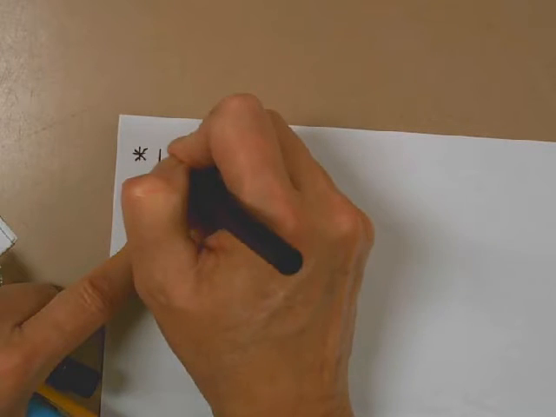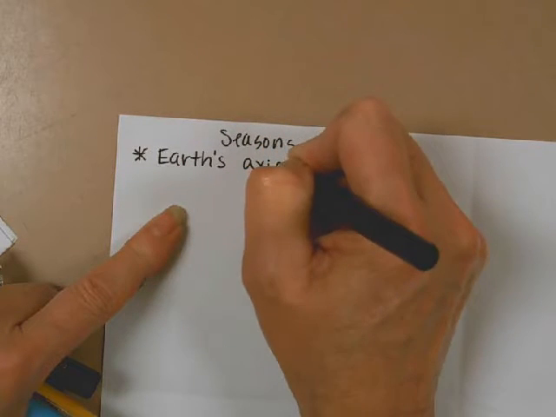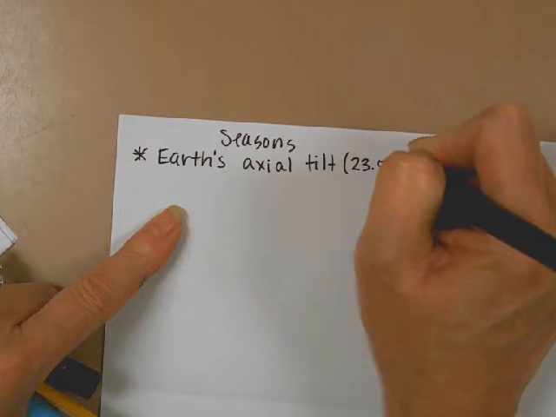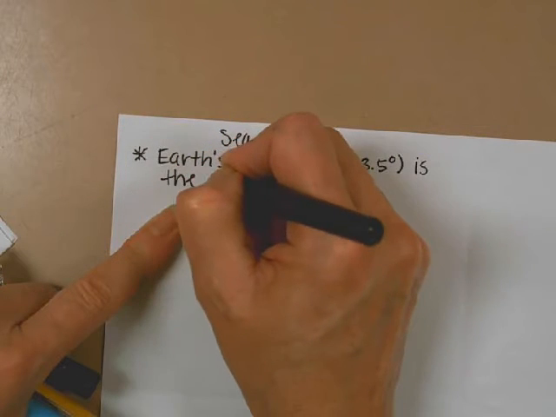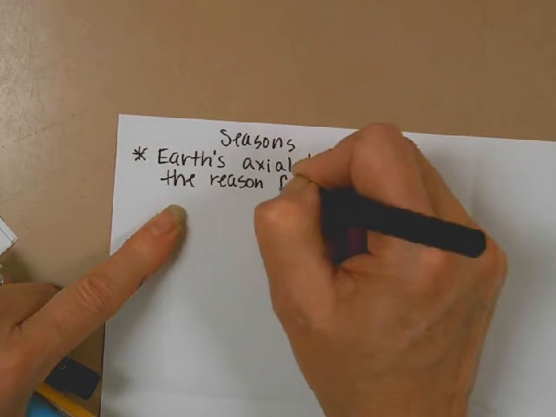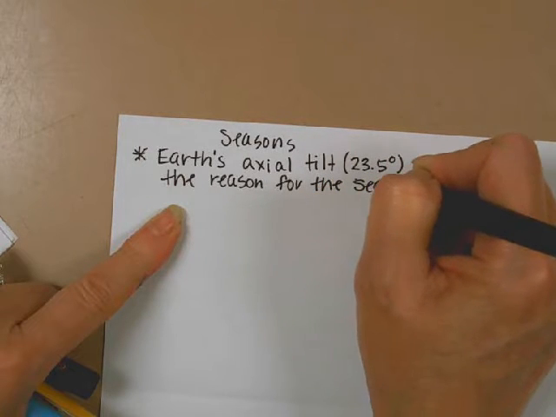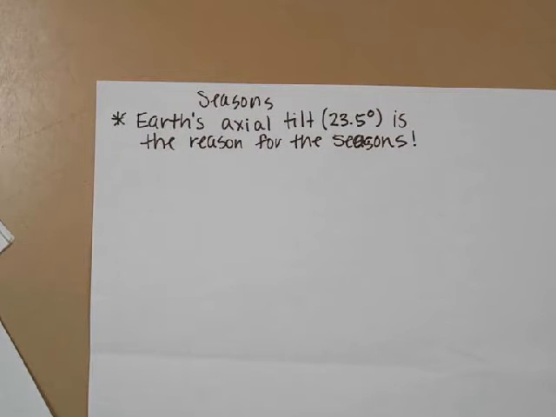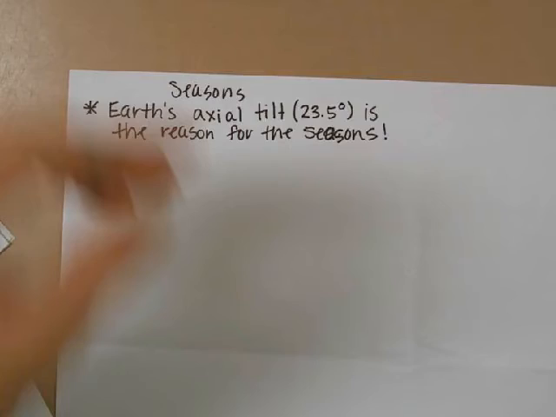Earth's axial tilt, remember, is 23.5 degrees off center, and that is the reason for the seasons. I need you to make sure you have your seasons diagram readily available. I'm not going to redraw it here. I'll just add it to the post, and I'm not going to review it because we just did it.